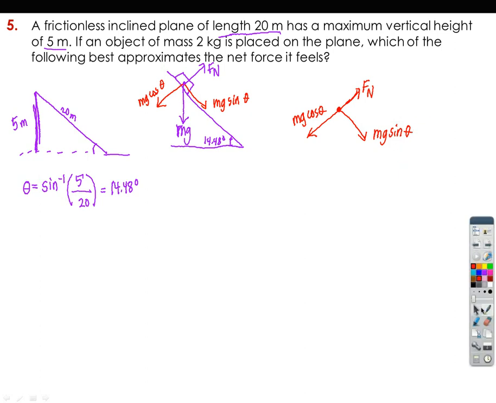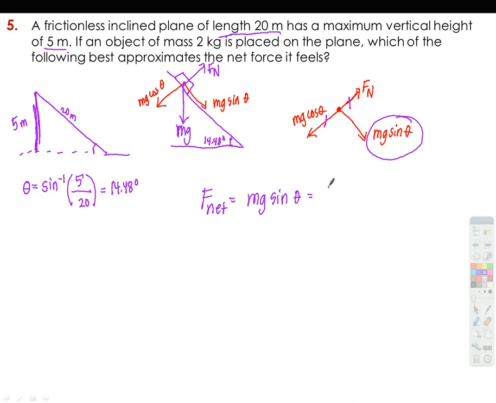And like earlier, we know that it's not accelerating this direction or this direction, so Fn will be equivalent to mg cosine theta. This will cancel. And then what is the only force remaining? It's this one. And what you need is the F net, right? So your F net is only equivalent to this one, which is mg sine of theta.